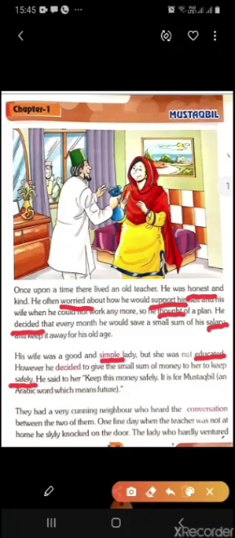We have another word, money. Money. And the word that is next is Mustaqbil. Mustaqbil. So these are some important words in this stanza.